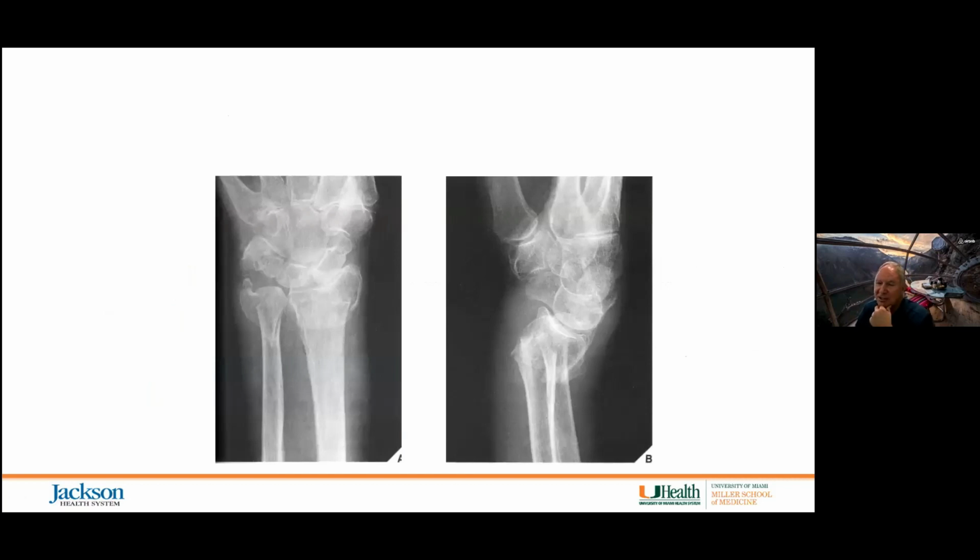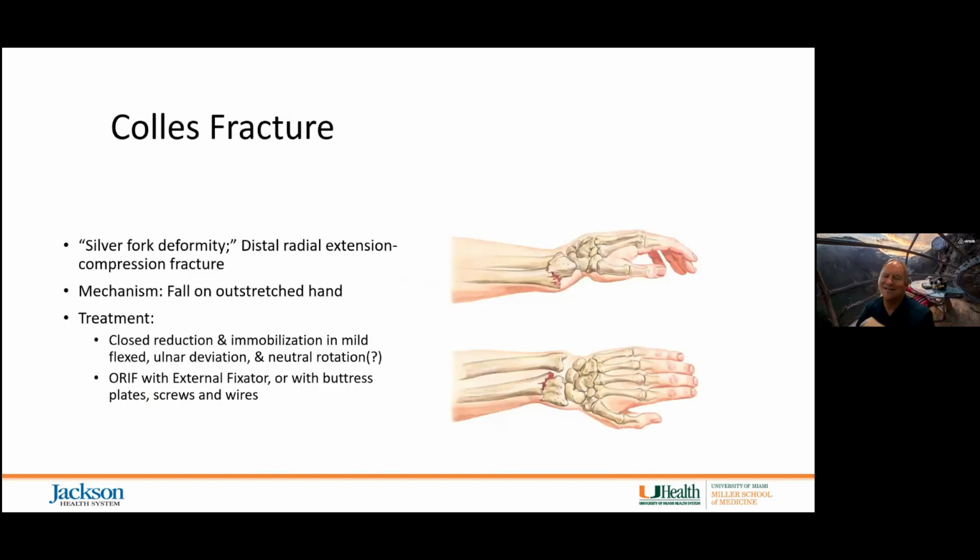Now, somebody mentioned this before. It's not Lassie, but it is a, anyone? Colles? Colles, yes. Lassie is a collie, but this is the Colles fracture that was mentioned earlier. And so this is often called the silver fork deformity. This is a distal radial extension compression fracture. So you can see that happening.